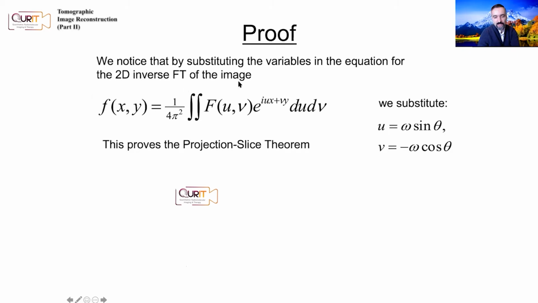So you end up getting this formula, and f is just the inverse Fourier transform. Now this is in Cartesian coordinates, where u and v are the Fourier equivalents of the x and y axes. So go through the proof on your own and really convince yourself that this makes sense. It's not a long proof, as you can see.